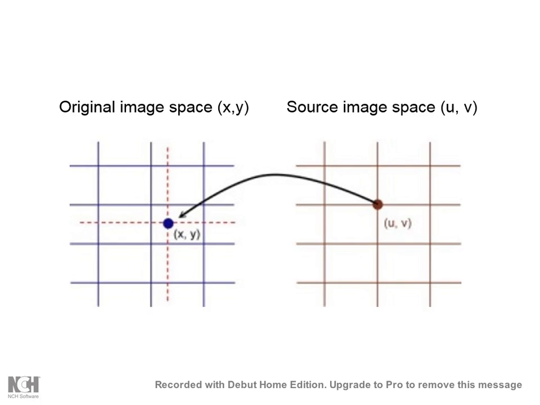Here is our original image space, and this is our source image after the transformation. Suppose that you have transformed the original image into this one, no matter whether you are scaling up or scaling down, down-sampling or up-sampling, no matter what technique you use. In the source image space, you treat each intersection as a pixel.